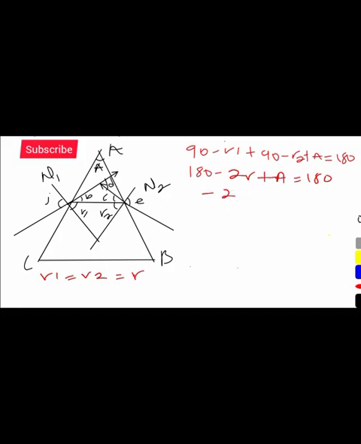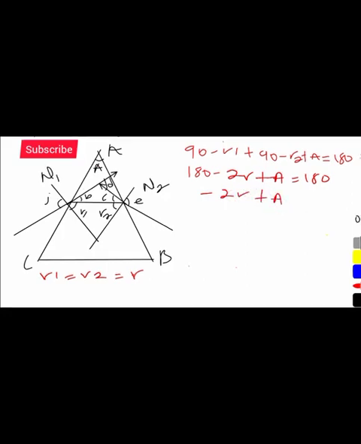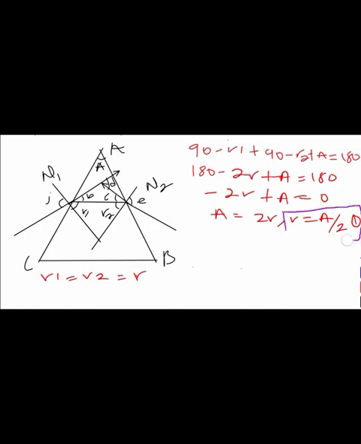So minus 2R plus A. When 180 moves to the other side of the equation, it becomes minus 180, and 180 minus 180 is equal to 0. So A is equal to 2R. Then R equals A over 2. So let's call this equation 1.